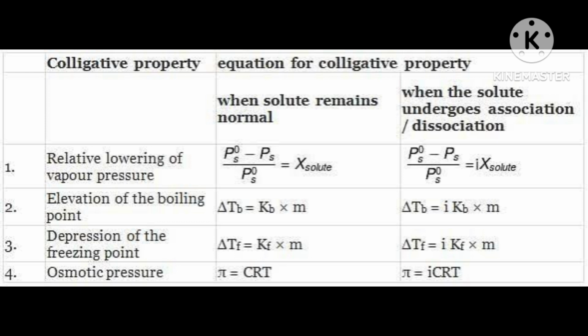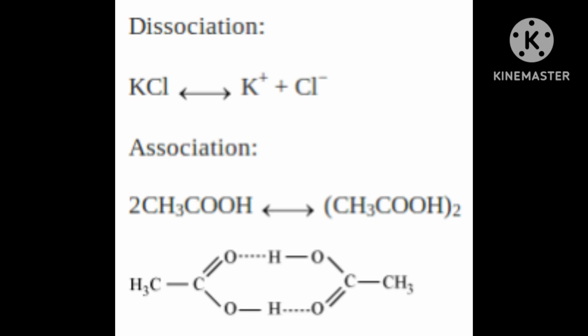KCl, not NaCl; NaCl will come differently. Potassium is 39, Cl is 35.5, add it. NaCl is 23 plus 35.5, add it. Whatever value comes, that will be it.